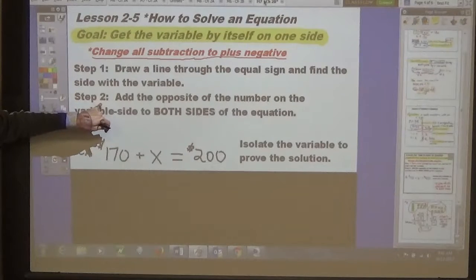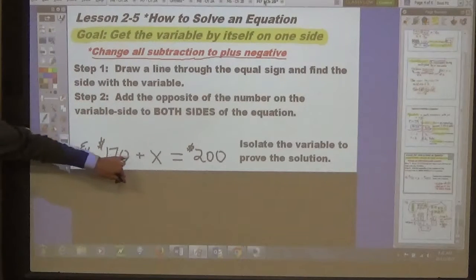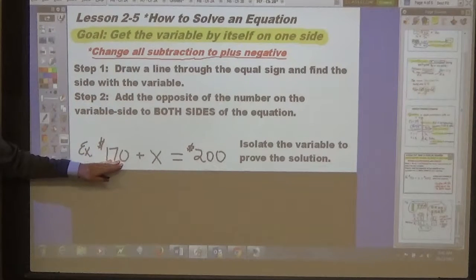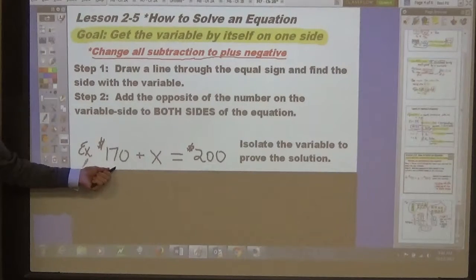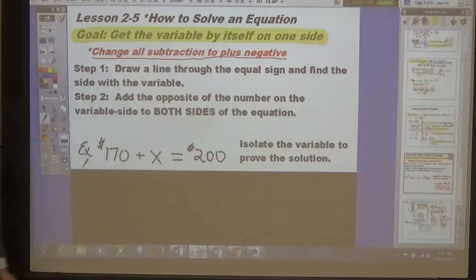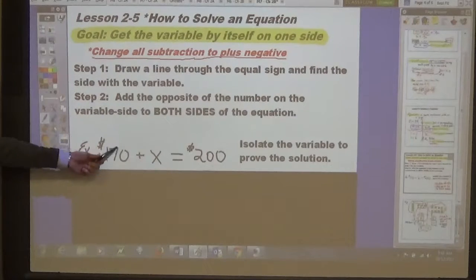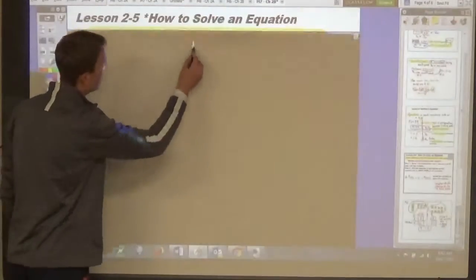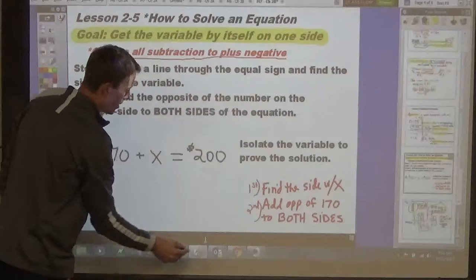Then you can go to step 2, and for an addition equation like this, in order to get rid of the other number on the left side, you're going to add the opposite of that number to both sides. So you find the side with the variable on it and add the opposite of the number to both sides.